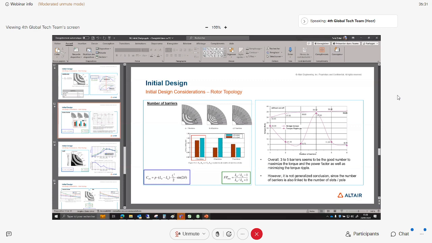Anyway, this is something we have to test, but most of the time 3 barriers are okay. And anyway, in Flux Motor, it's not very expensive to test 3, 4, or 5 barriers.